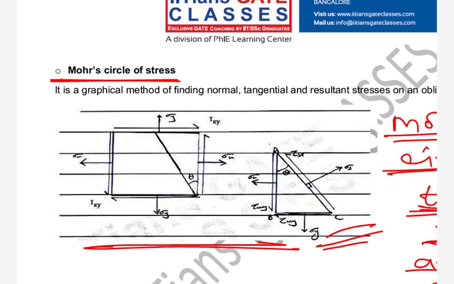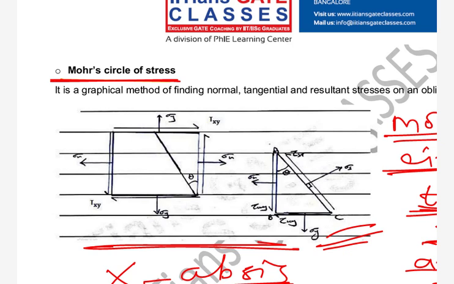If it is a compressive stress, then we draw it on the negative x-axis. Your x-axis is also known as the abscissa. Your y-axis is known as the ordinate.